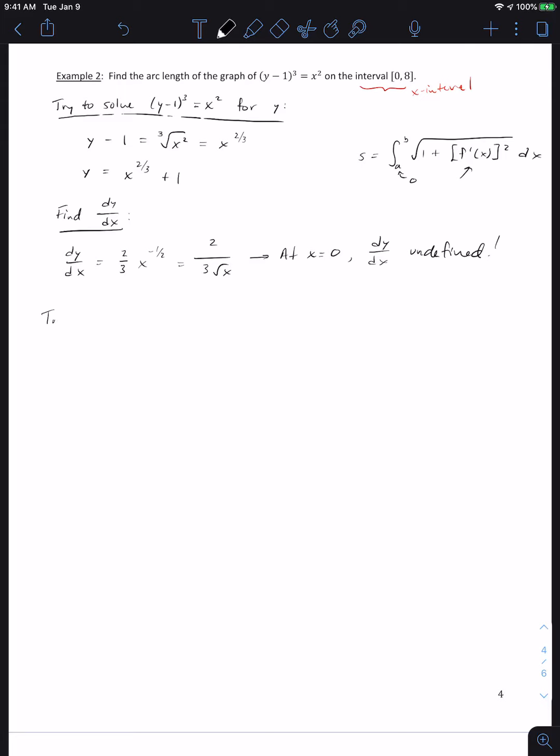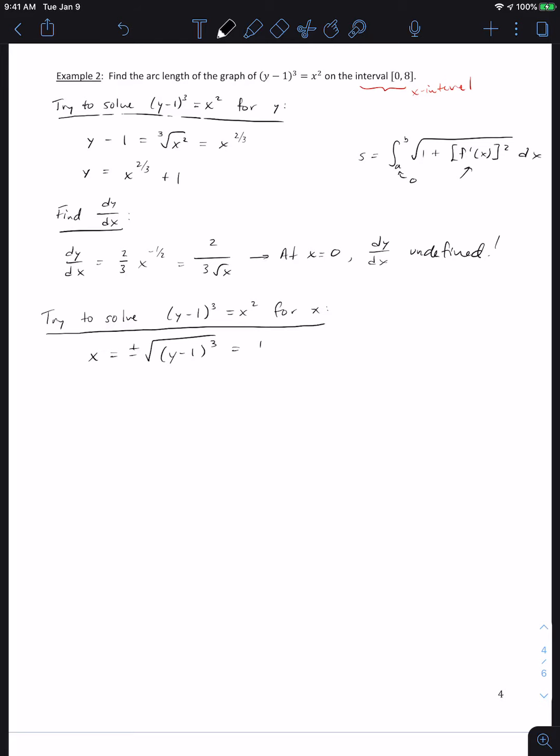So now we know we need to try to solve y minus 1 cubed equals to x squared for x. So we got to go with the other variable this time. Okay, so if I were going to solve this for x, I would get x is equal to plus or minus the square root of y minus 1 cubed, right?